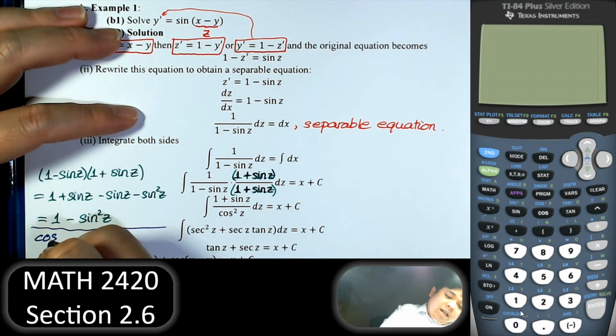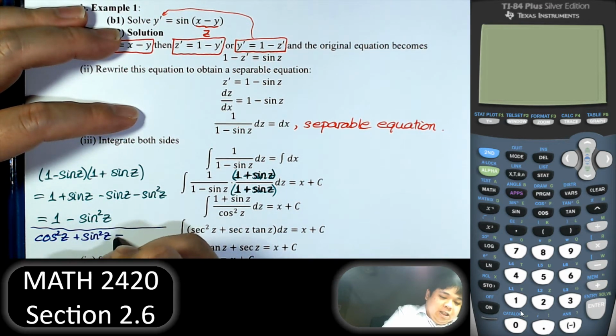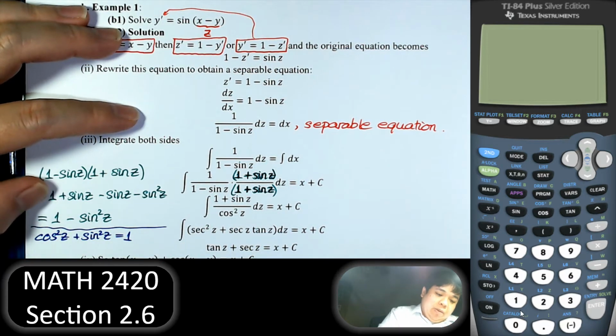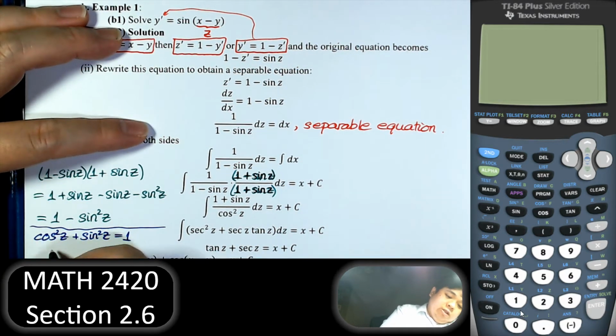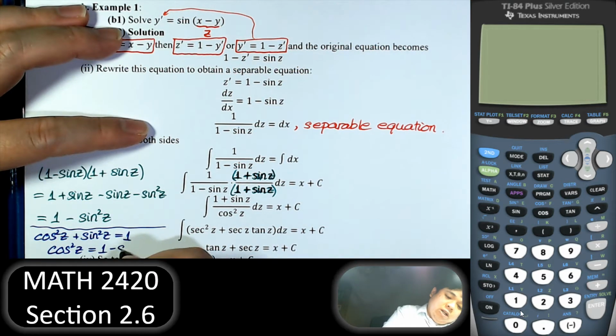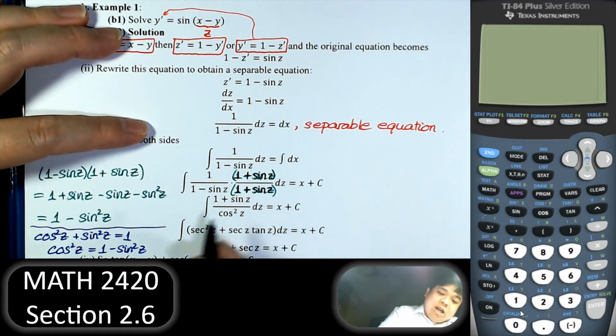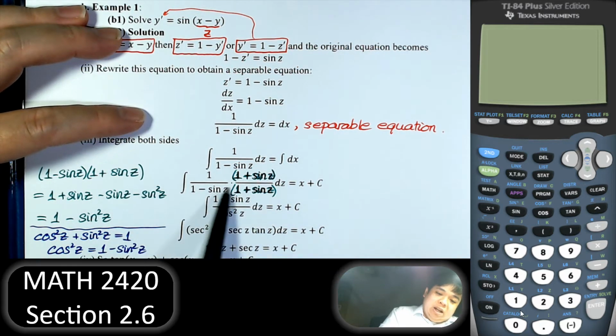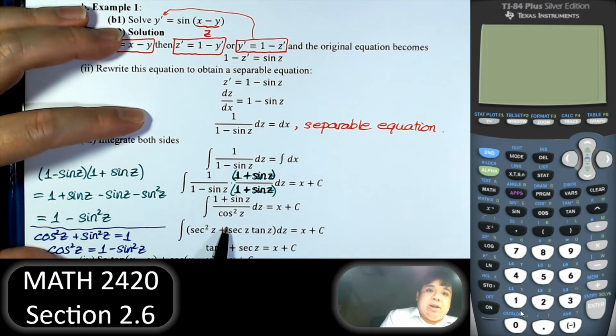Pythagorean identity, cosine square plus sine square is equal to 1. So move the sine square over, cosine square equals 1 minus sine square. So that's why the denominator here is equal to cosine square.